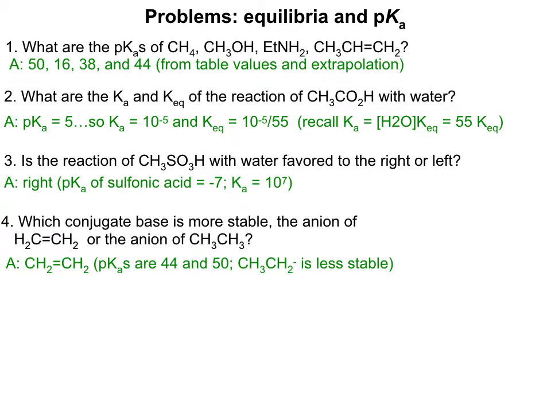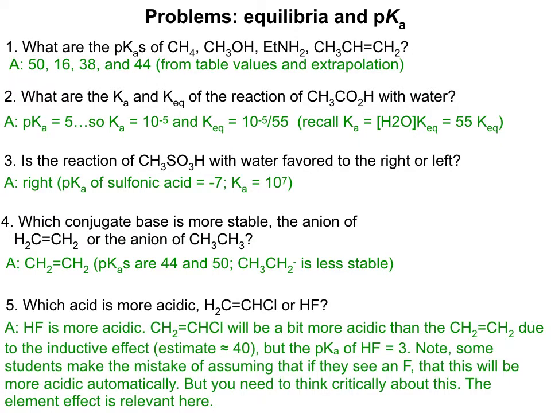So the next question is, which is more acidic? Let's have that come up. Which is more acidic, the alkene with the chlorine or this fluoride? And so you should say, oh, the HF is going to be much more acidic. The pKa of HF is a little less acidic than HCl. It doesn't matter what you choose as long as it's a little less acidic than HCl.